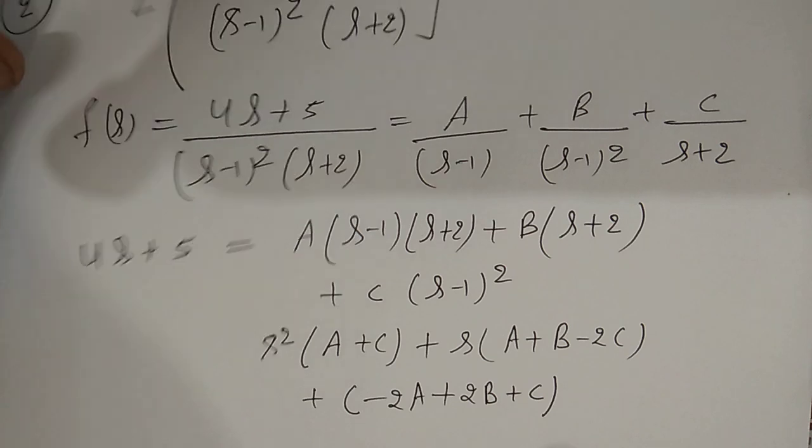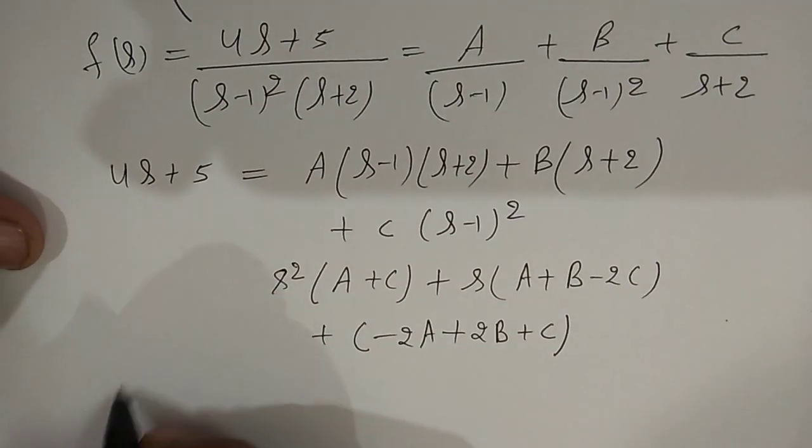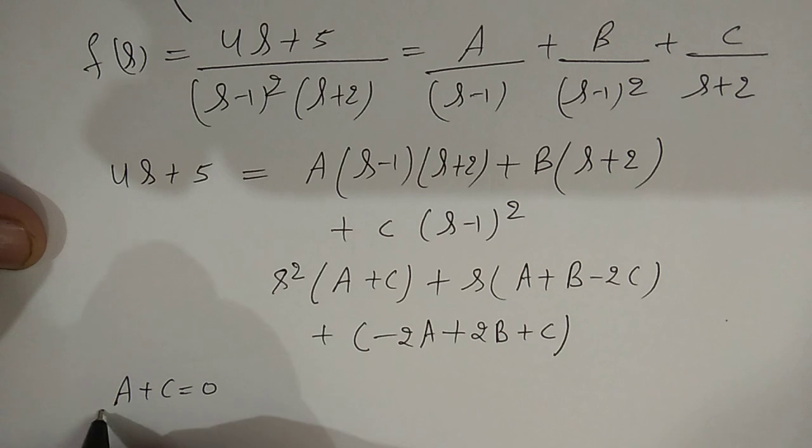So the first equation will be A plus C equal to 0, which gives A equal to minus C.